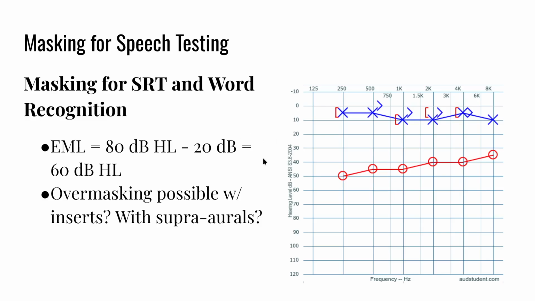Is it possible there? 80 dB minus 20 dB for our 60 dB masker, 60 minus 55, 5 dB. Is it possible that we have overmasking? It's possible, but it's probably not very significant. It's possible, but not likely, and not likely to be very significant if it is overmasking with inserts.